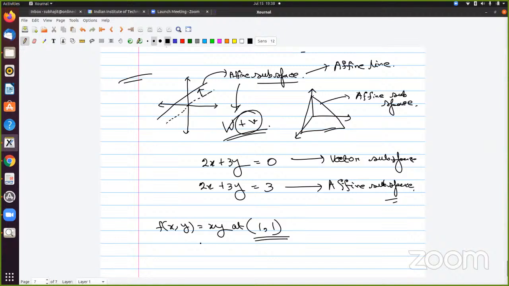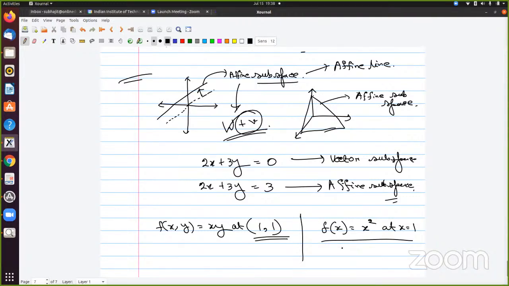Suppose in one variable, go back to one variable. Suppose I have f of x equal to x square at x equal to 1. If I want to find the linear approximation, what is that? It is the equation of the tangent, right? So how will we find that? What is the equation of tangent?